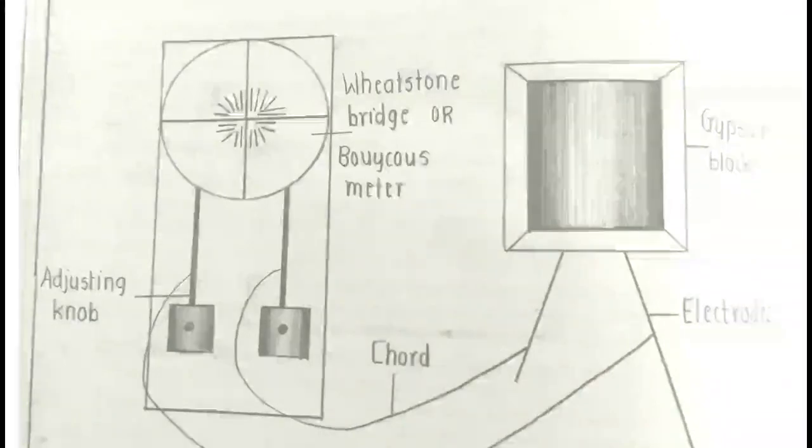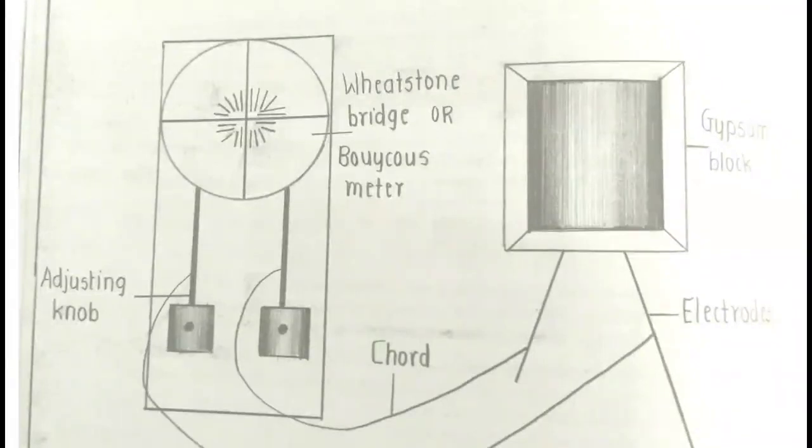On the right hand side we have the gypsum block, which is square. The gypsum block is connected with electrodes, and the electrodes are connected with a cord, and that cord is connected to the Wheatstone bridge.